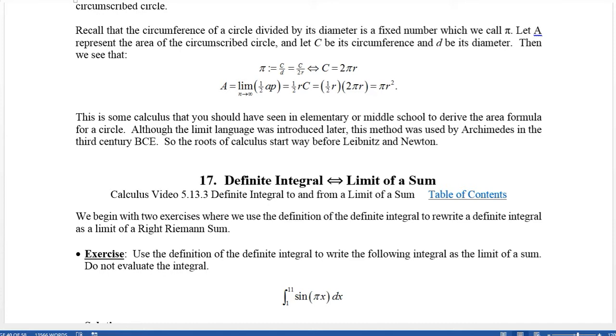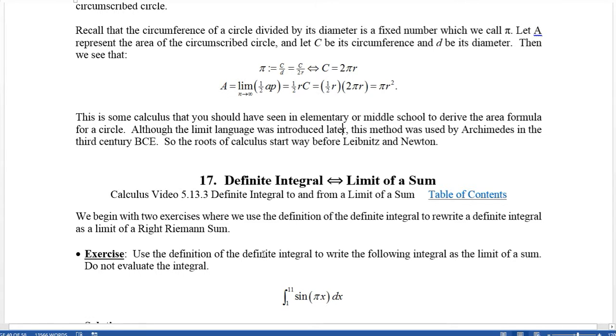Actually, it is the limit of a right Riemann sum, the way that we've been doing this in class. So see if you can do it that way and work it out. Try it on your own and then come back and check your work here in just a minute. Press pause now.